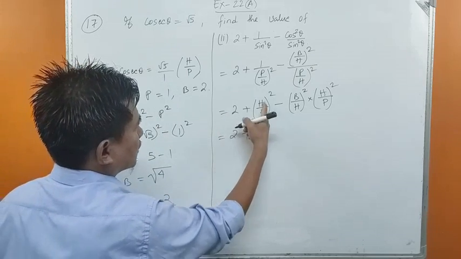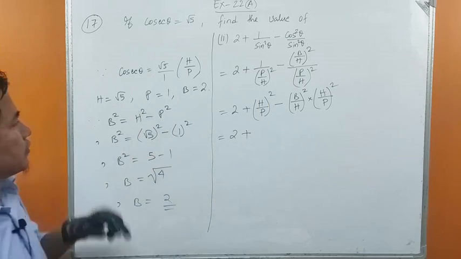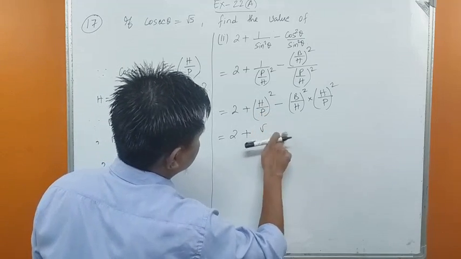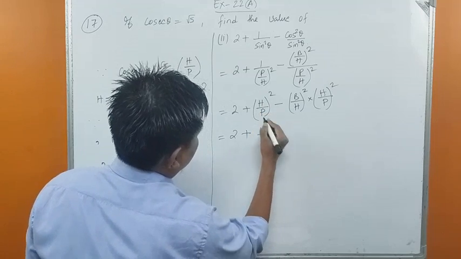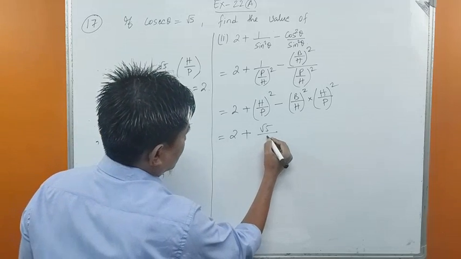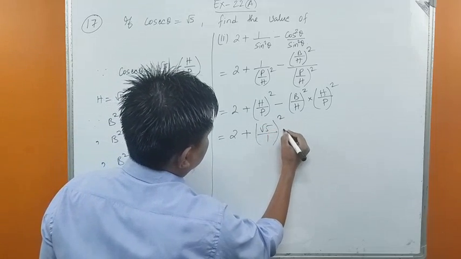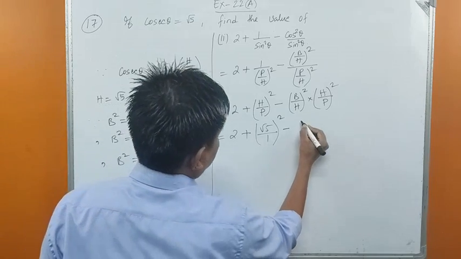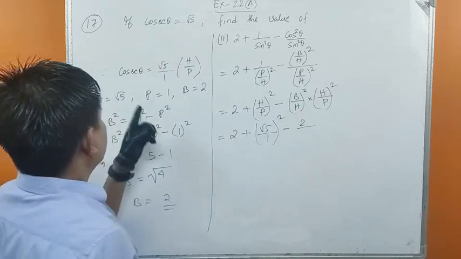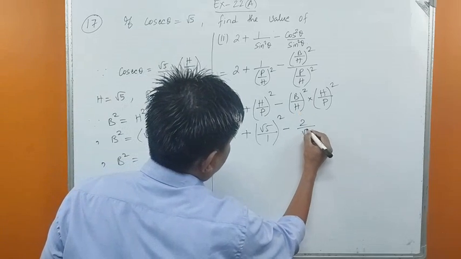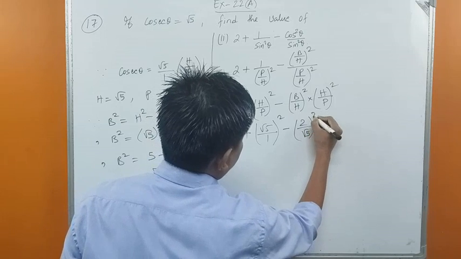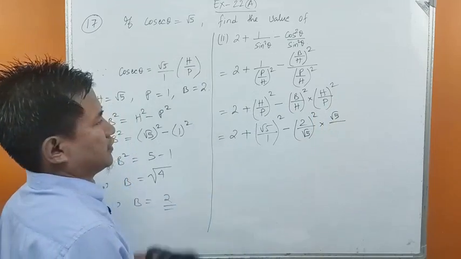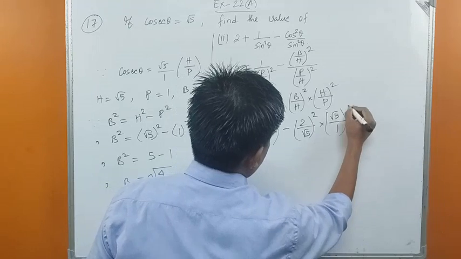2 plus, what is hypotenuse? Hypotenuse is root 5, isn't it? Okay, upon perpendicular, which is 1, whole squared, minus, what is base? Base is 2 upon hypotenuse, root 5, whole squared, into hypotenuse root 5, perpendicular 1, 1 whole squared.